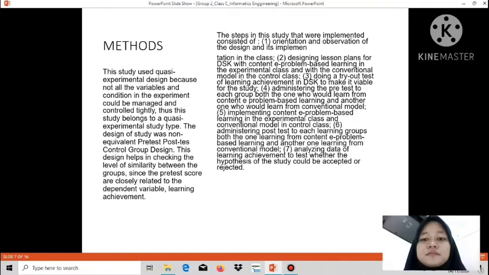Number 6, administering the post-test to each learning group. Number 7, analyzing data of learning achievement to test whether the hypothesis of the study could be accepted or rejected.